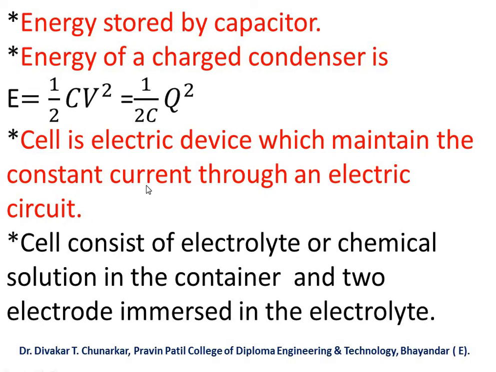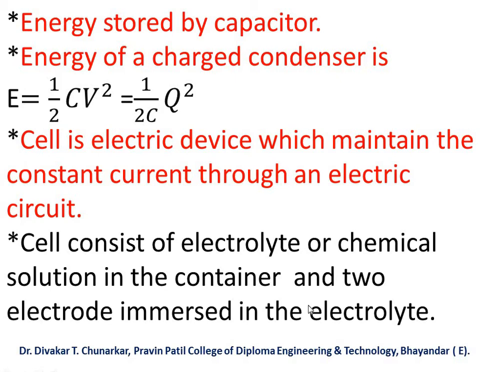So a cell consists of an electrolyte or chemical solution, generally a salt solution, in a container, and two electrodes immersed in the electrolyte solution.